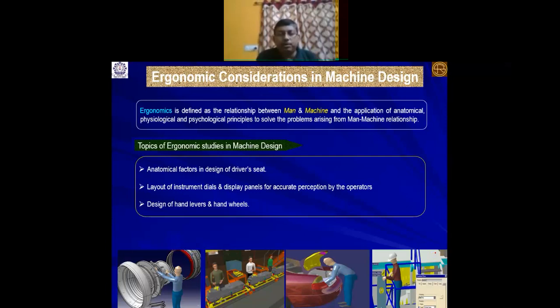You can easily do it using a mannequin, a solid model of the human being, and the solid model of the product. You can check all these issues. I will tell you the way the modern industry is doing this ergonomic analysis using CAD tools. So there is a very important use of CAD tools for ergonomic analysis and machine design.